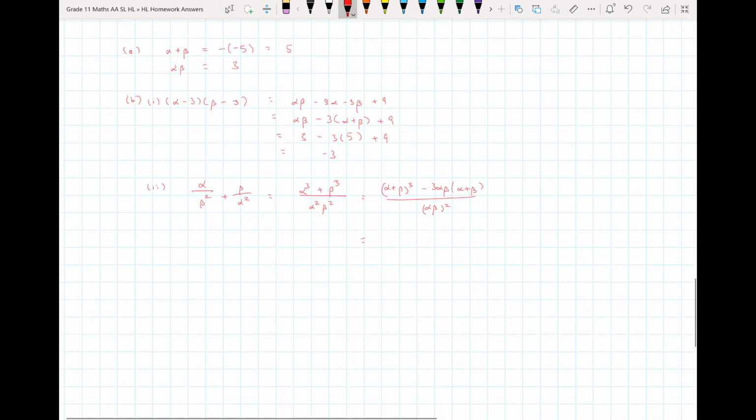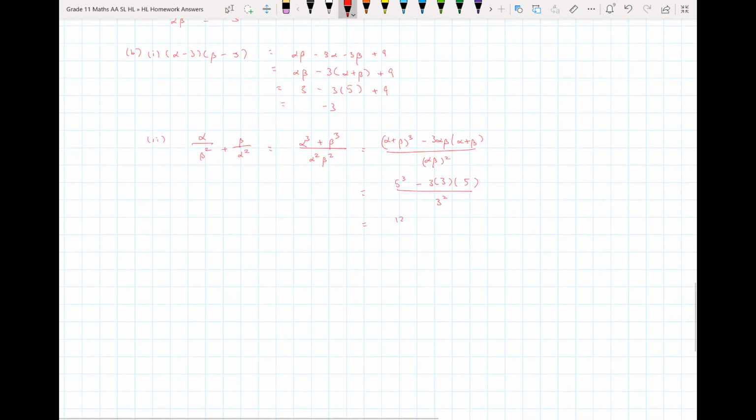So we substitute 5 in the sum, 3 in the product. And that should be 80 over 9.